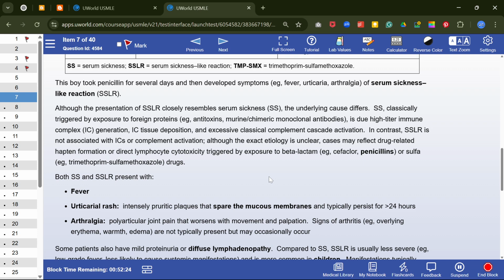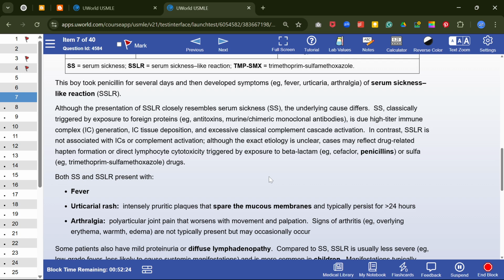the underlying cause differs. Serum sickness is classically triggered by exposure to foreign protein, antitoxin, murine or chimeric monoclonal antibodies, due to high-titer immune complex generation, immune complex deposition, and excessive classic complement cascade activation.